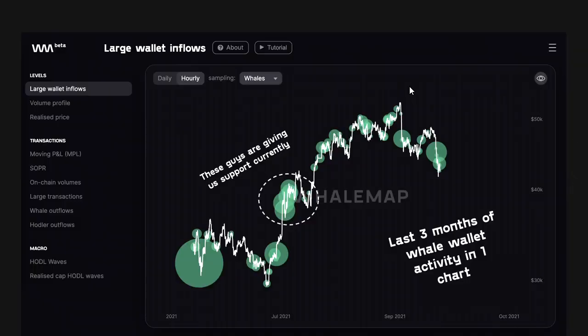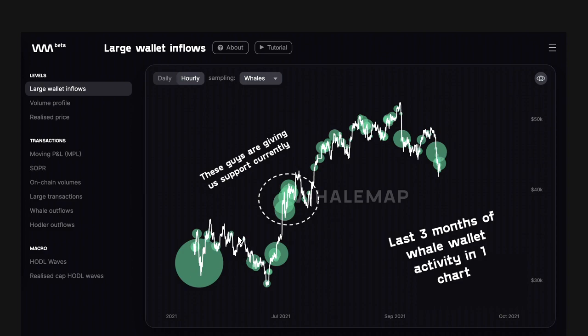I do want to talk about this chart briefly. This was put out by Whale Map on Twitter, and it basically shows the last 3 months with Bitcoin. These green circles here show where whales who hold more than 10,000 Bitcoin have been buying Bitcoin, and they still currently hold 10,000 Bitcoin.